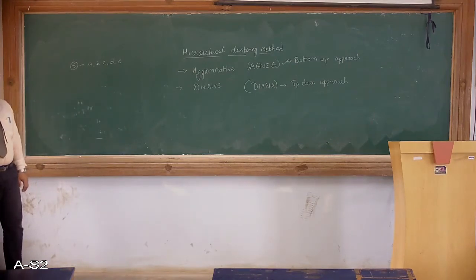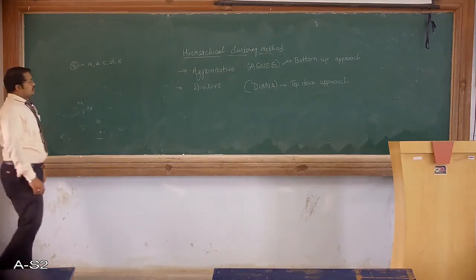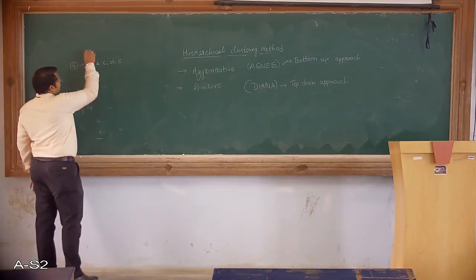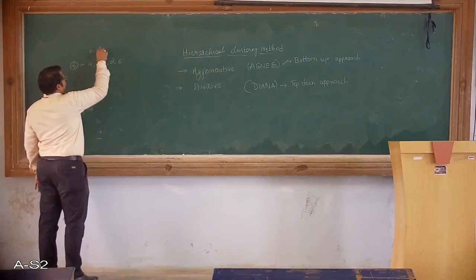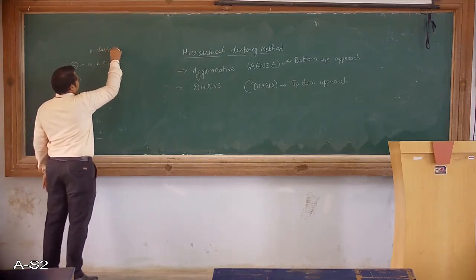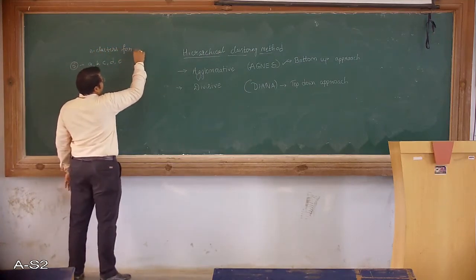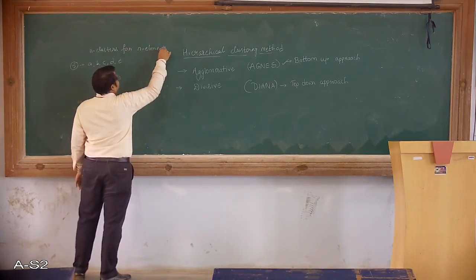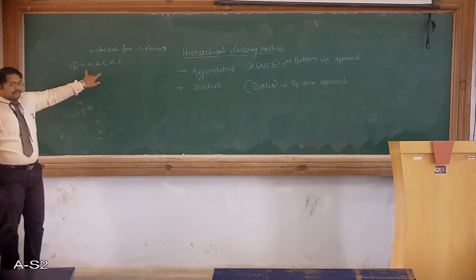When we speak about agglomerative clustering, we have n clusters for n elements. As per this rule, how many elements are here?